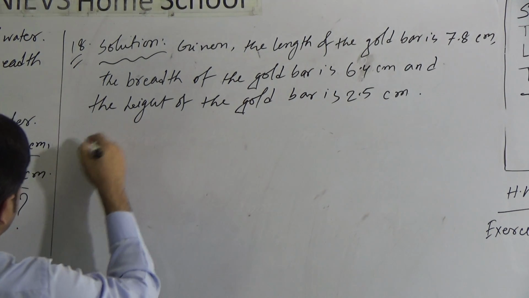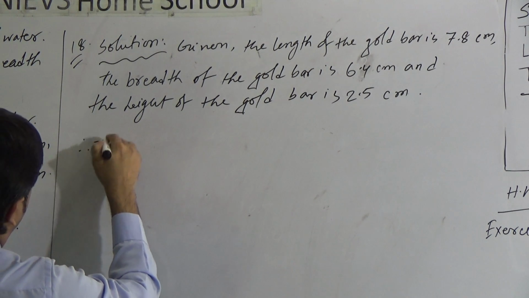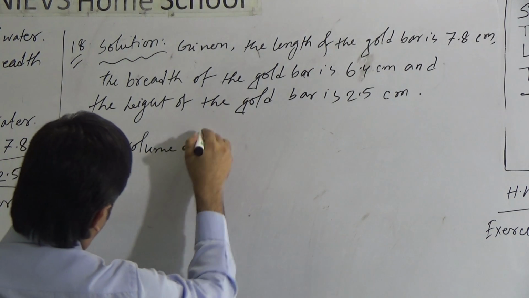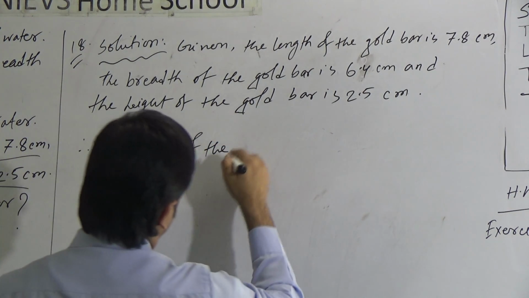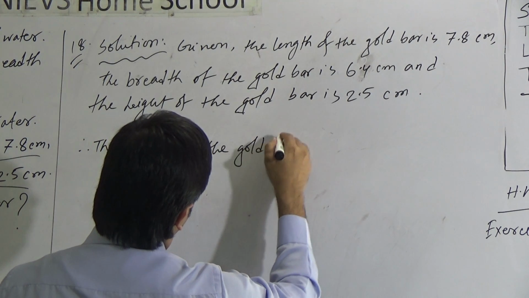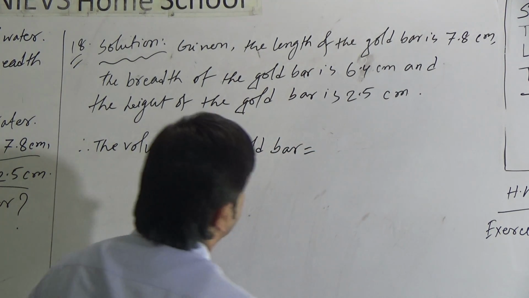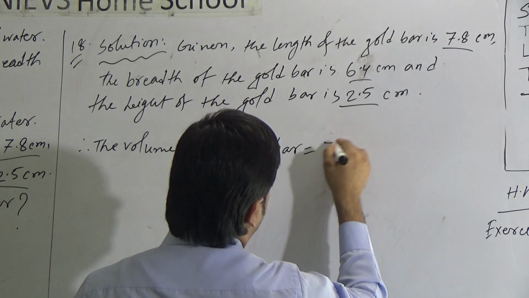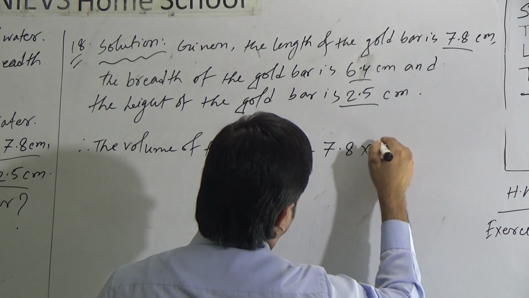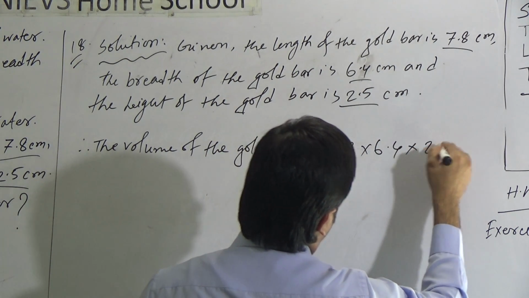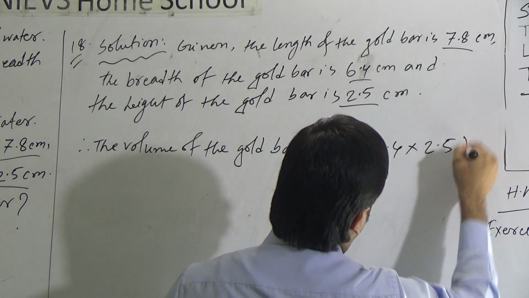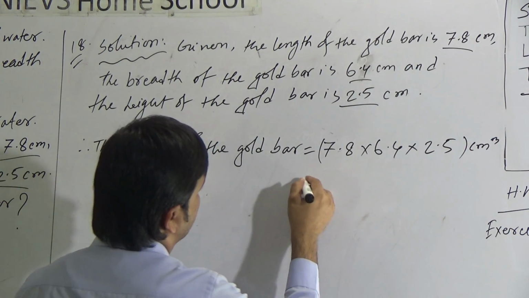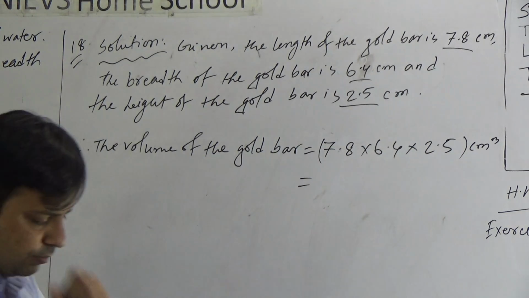So we can write, therefore the volume of the gold bar will be equal to the product of length, breadth and height. So we have to multiply 7.8 by 6.4 and by 2.5. This will be cubic centimeter, it means cm cube.